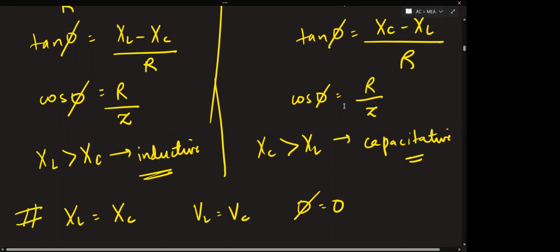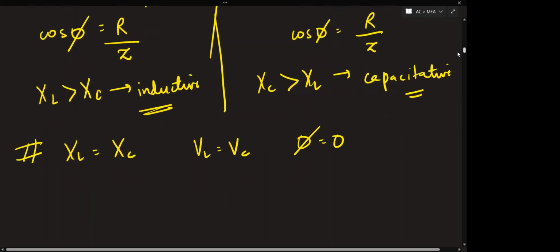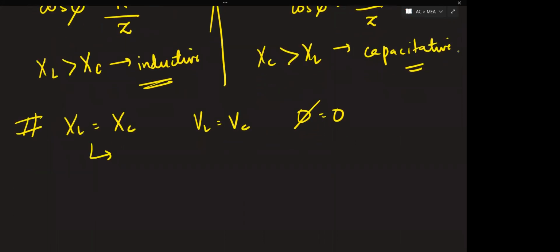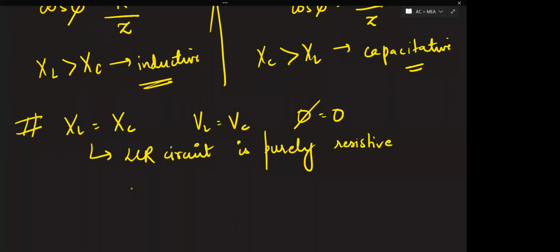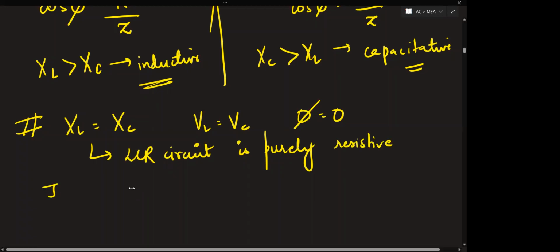Then you can say your series LCR circuit is also purely resistive. So you can directly use Z now in this circuit, E naught divided by Z.